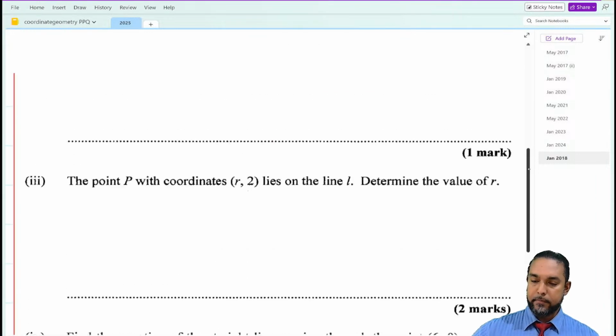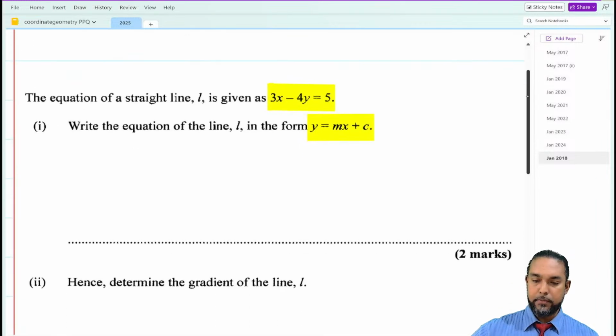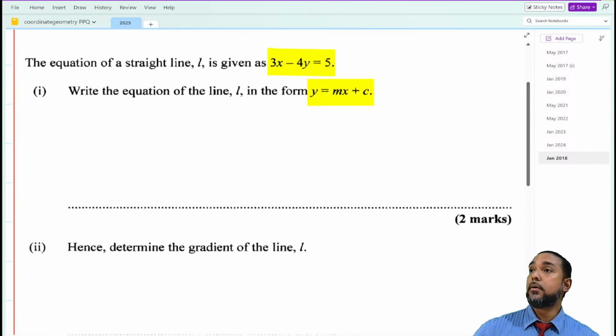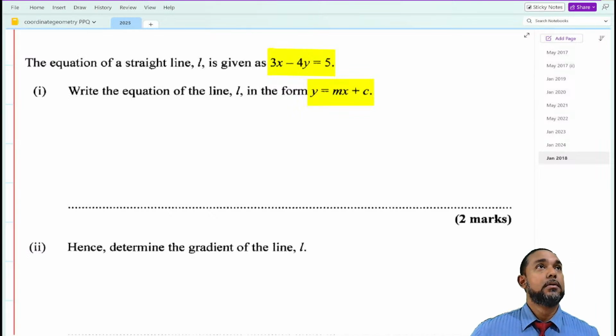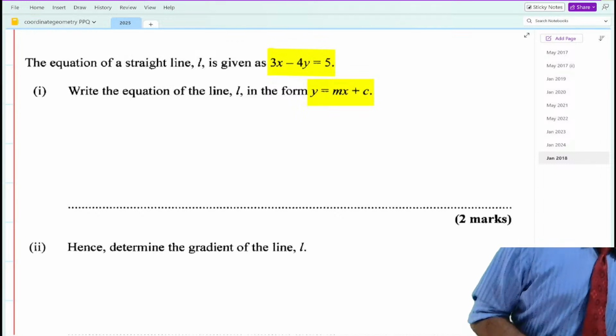Oops, sorry. Where'd it go? All right, okay. Hold on. Who's that? He's a silent one.